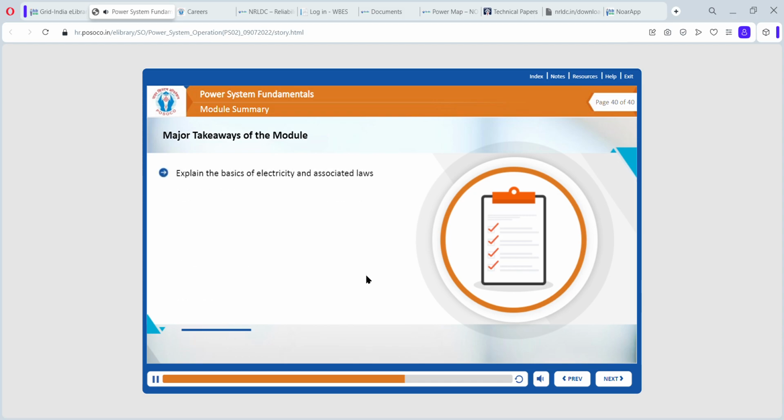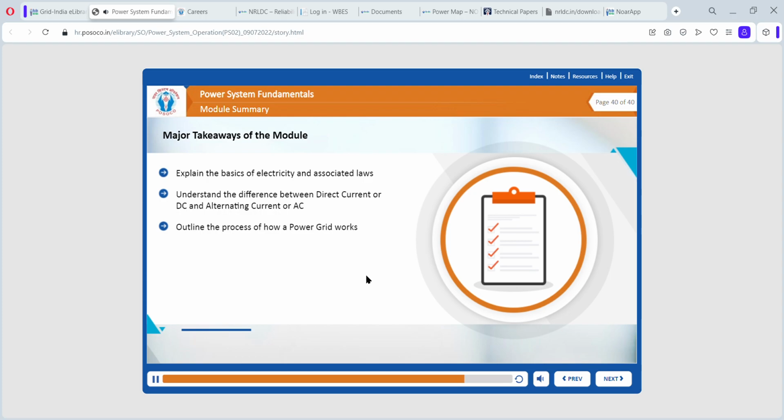Electricity and the laws associated with it. Understood how direct current DC and alternating current AC are different from each other. Learned the basics of an AC system and explored the types of an AC system. Learned the entire process of how a power grid works from generation to transmission and to distribution.